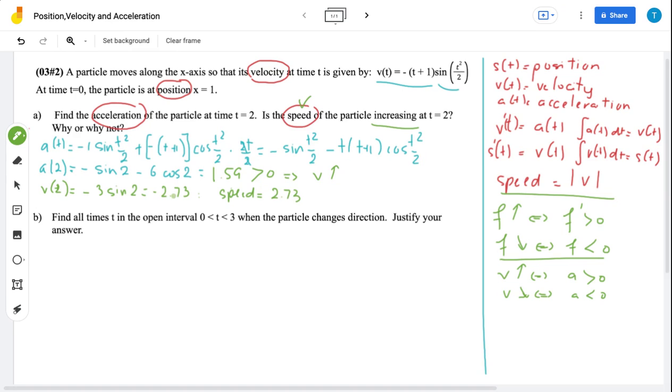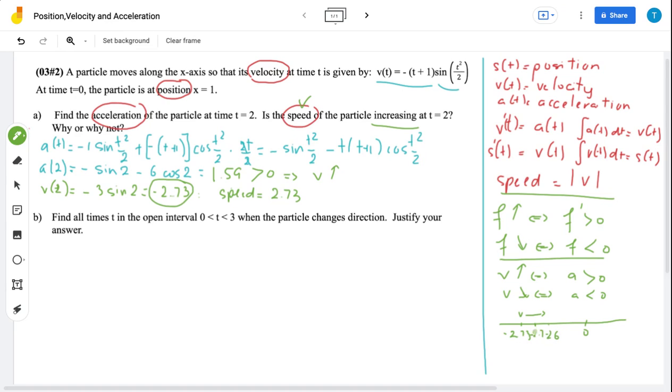But think about it: velocity increases, but velocity is negative. Let's draw the line here, so we can see 0 right here, and we have negative 2.73. Velocity increases, so it has to go in this direction. The next value could be negative 2.7, then negative 2.6.